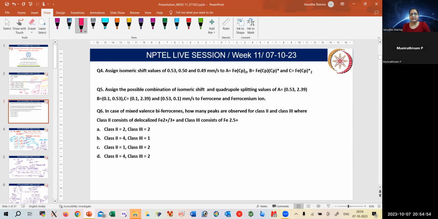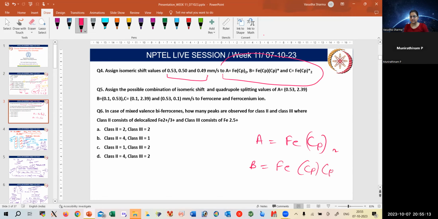So now assign these. There are three isomeric shift values given: 0.53, we have just discussed this example, 0.50, 0.49. And these are the three ferrocene complexes. A is FeCp2, B is FeCp Cp star, and C is both of them as Cp star.